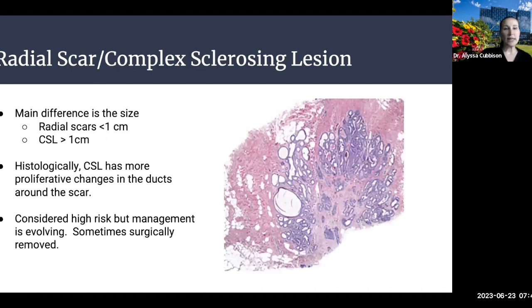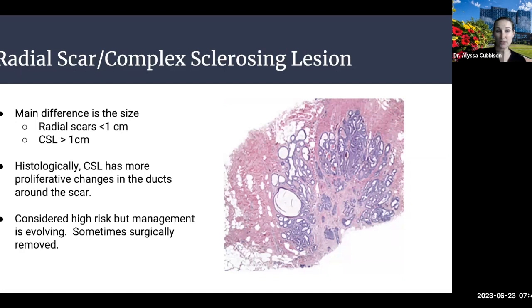I did want to slide on the differentiation between radial scar and complex sclerosing lesion because it is a very common benign etiology for architectural distortions. So for any of you that currently perform or will perform biopsies of architectural distortion, in terms of feeling comfortable calling concordance, radial scars, the distinction between these two is mostly size related.